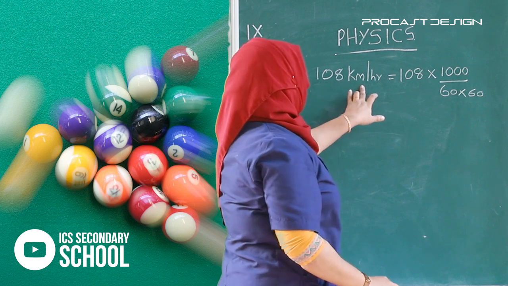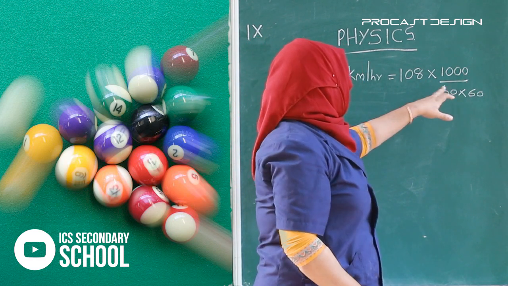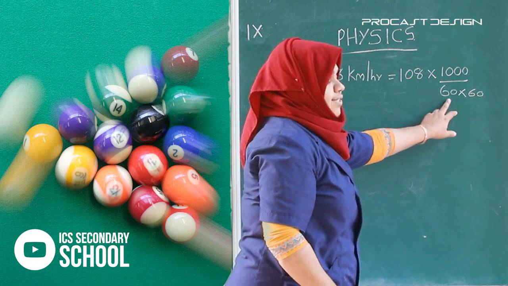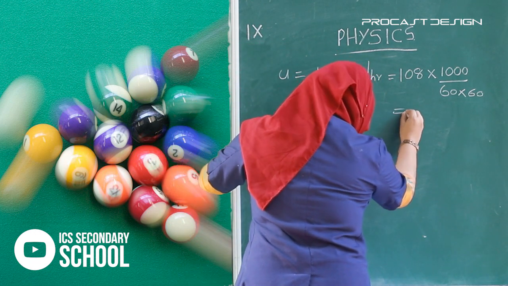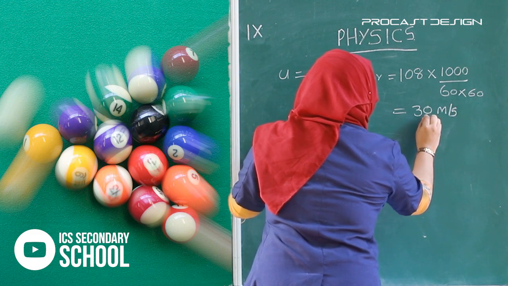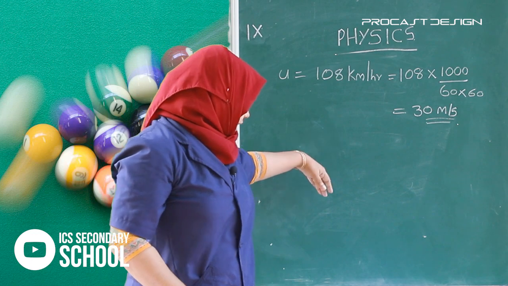We multiply by 1000 to convert kilometers to meters, and hour to seconds is 60 into 60. So we get 30 meter per second as the initial velocity.